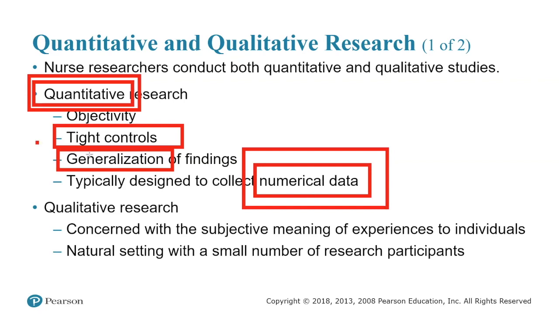Let's talk about generalization. The main difference between a quanti and a quali is the generalizability of the findings.